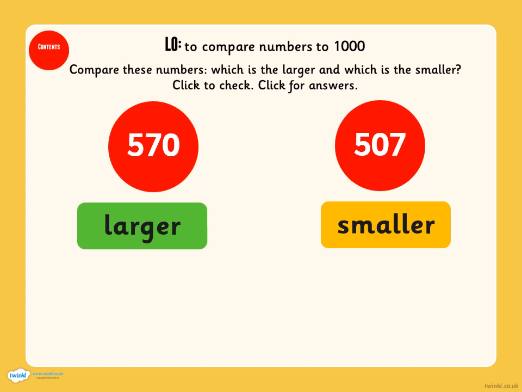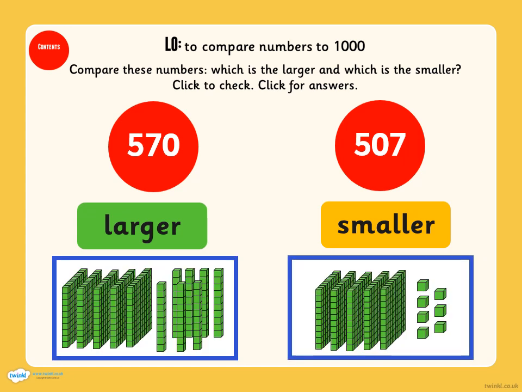All right, let's see how we go with partitioning these numbers. How many hundreds are we going to need to have? That's right, both of them are going to need to have 5 hundreds. Our tens are going to be different though, so let's take a look at that. We can count by hundreds, 100, 200, 300, 400, and 500, and then counting our tens, 1, 2, 3, 4, 5, 6, 7 tens, or we can count by 10: 10, 20, 30, 40, 50, 60, 70.